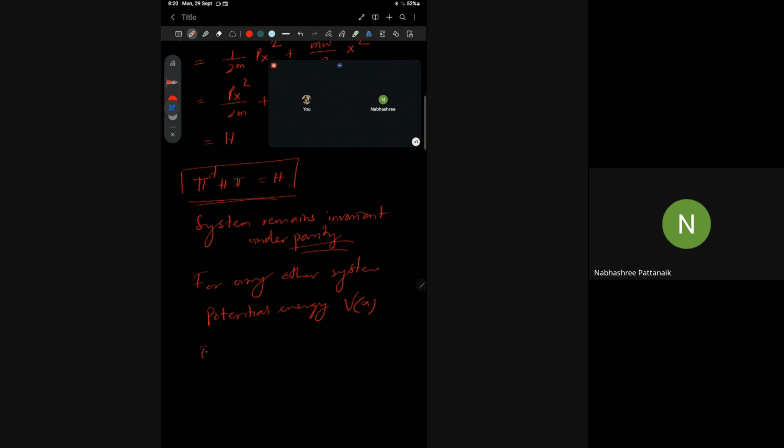Now, if V(minus x) is equal to V(x), that means the potential is an even function, then parity will be even. If the potential is an odd function, then parity will not be even, so this relation will not hold good. So we need the potential to be symmetric: V(x) should be equal to V(minus x). Understood?